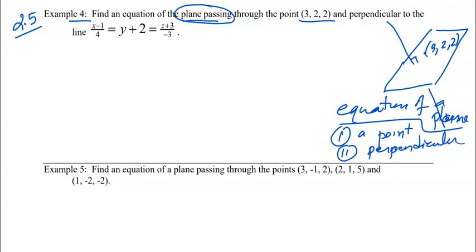In the last lesson we said that n is the normal vector. Do you remember that? And so a, b, c was the n vector, right? You need that one.